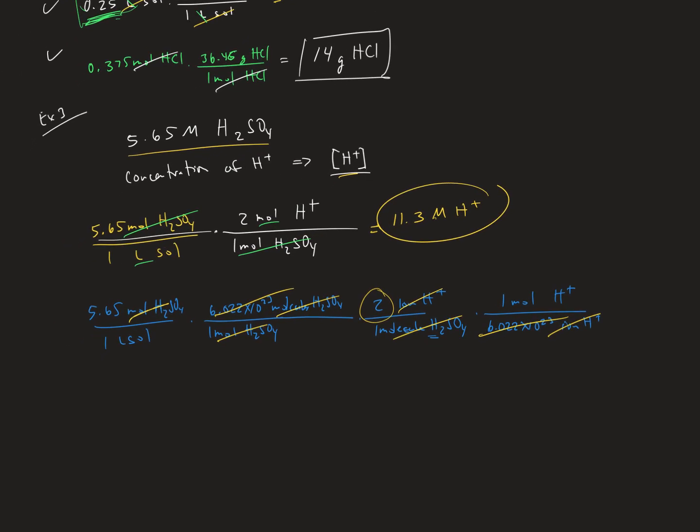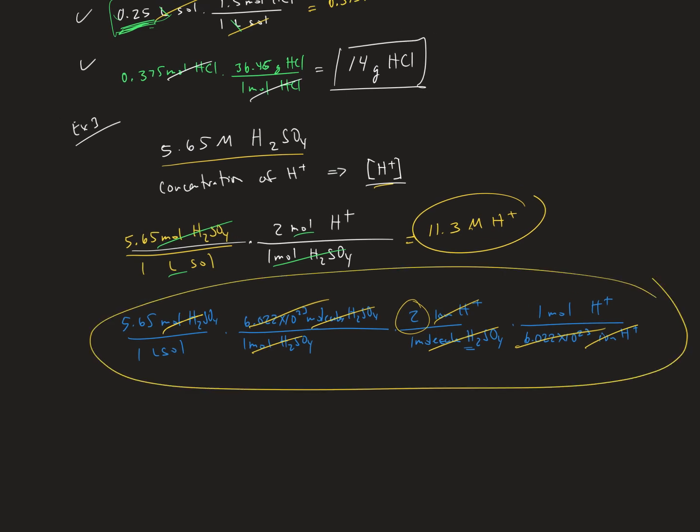How come we had 6.022 times 10 to the 23rd on there twice? Because first we converted it to molecules, and then we converted from ions back to moles. Oh, so this is the same mathematically as that. You just showed the long way to do it.